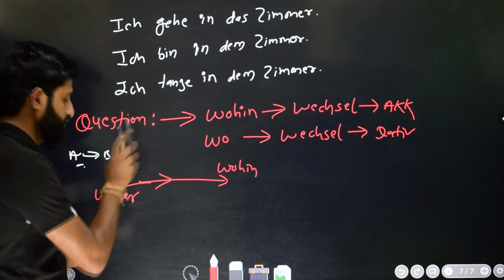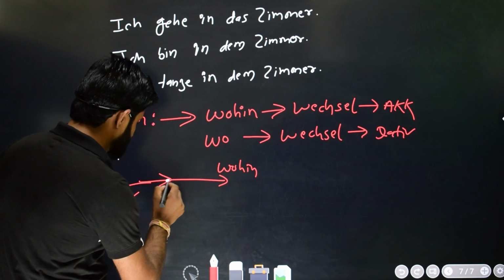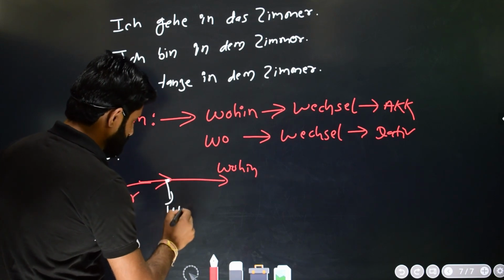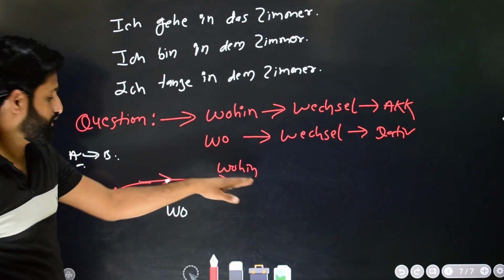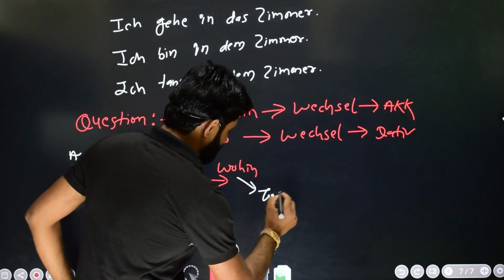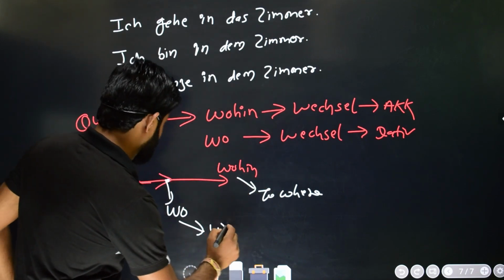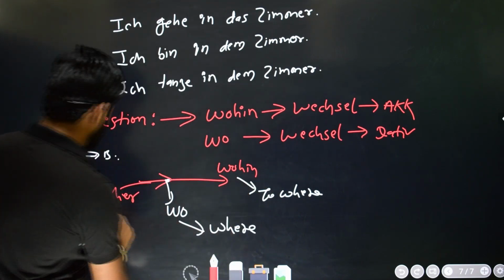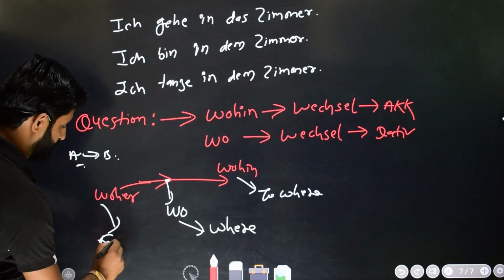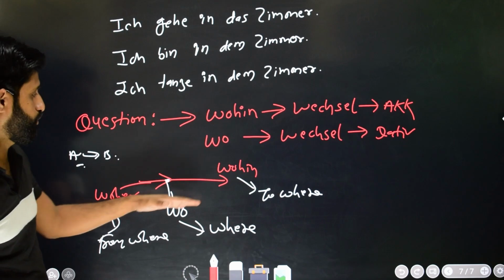If I am going from B to C, one place to another, then wohin. And to be at a particular place, this will be wo. So this will be to where, from where, and where. So the English translation will be to where. This will be simple for a particular place, and this will be from where. So these are three where: woher, wo, and wohin.